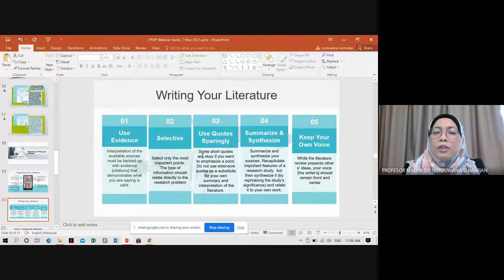Okay, do you know what a quote is? I believe everyone knows. Some short quotes are okay if you want to emphasize a point, but do not use extensive quotes as a substitute for your own summary and interpretation of the literature.